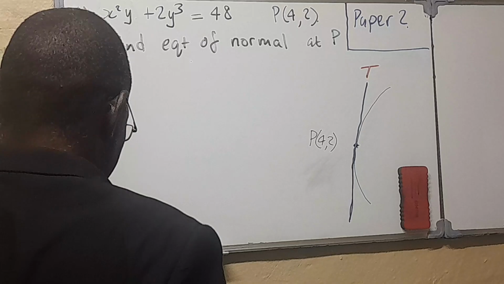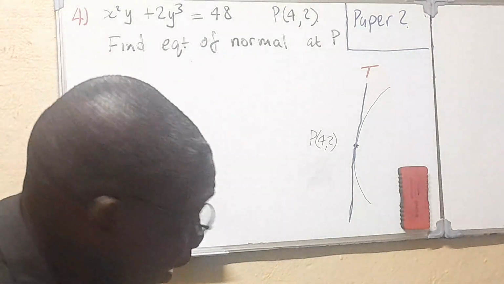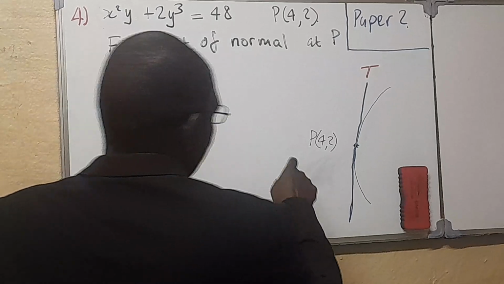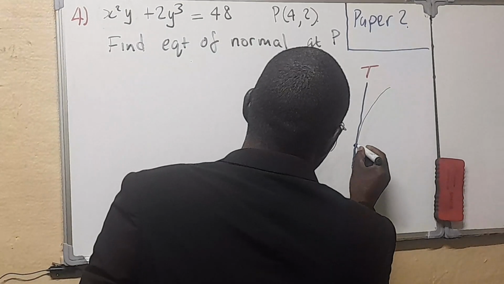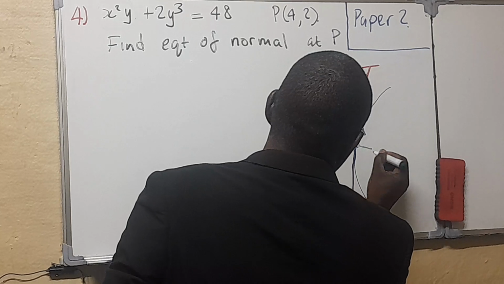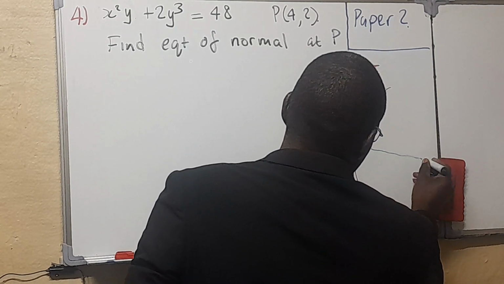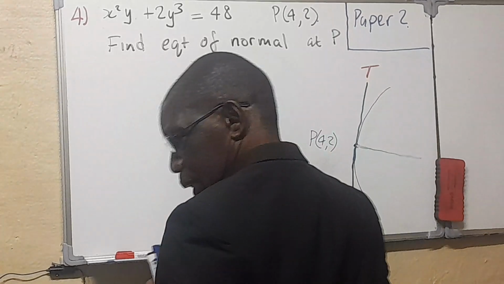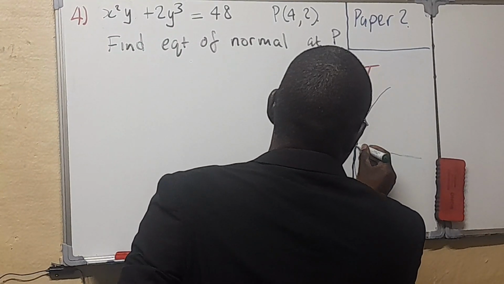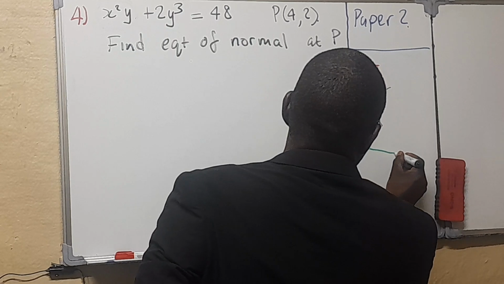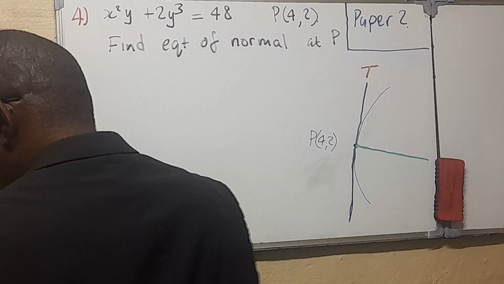Through the same point, there is a line at right angles to this tangent. Let's draw it in green. Let me get some better green here. Okay, so there is our green line.